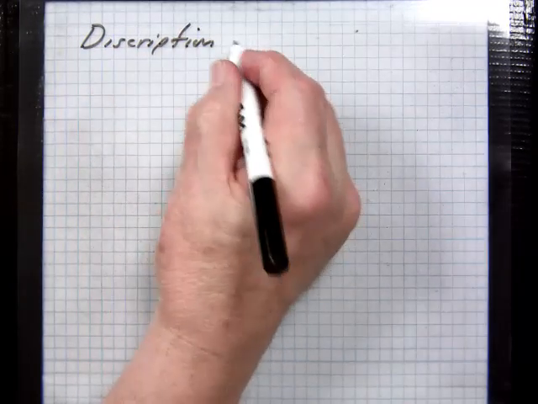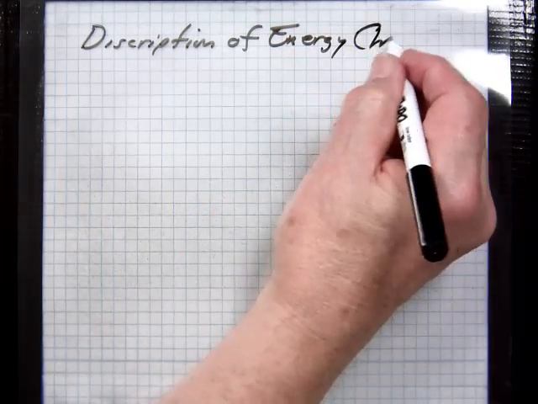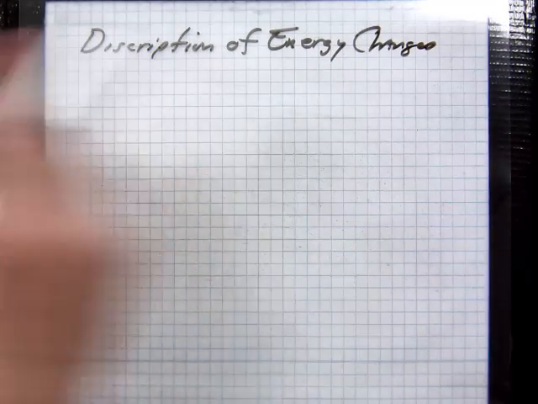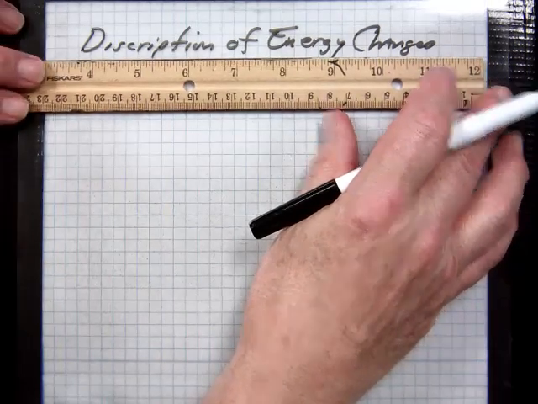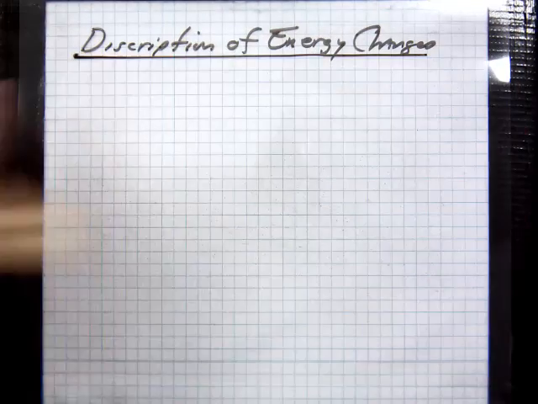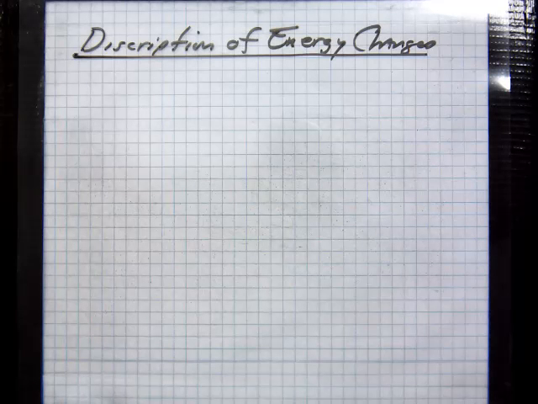This is a description of energy changes. Energy in itself is a byproduct of a change in structure and chemistry and physics of whatever's undergoing the chemical process. And when we describe energy changes, we describe them in terms of system and surroundings.